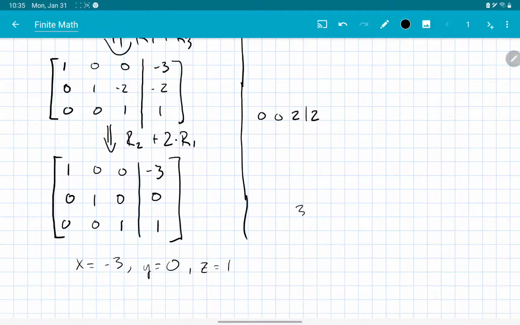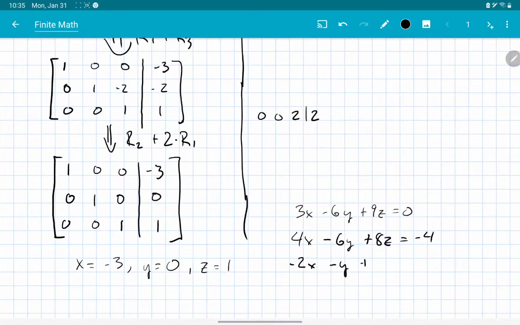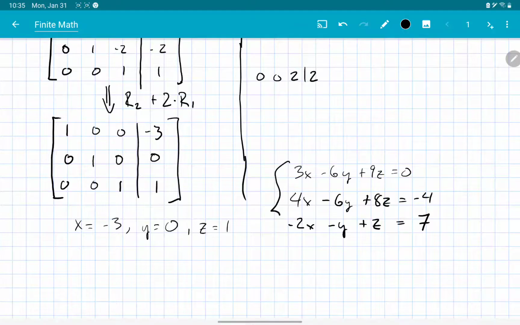But I'm going to write down the original equation so that we can see this works. Okay, this is my original system.